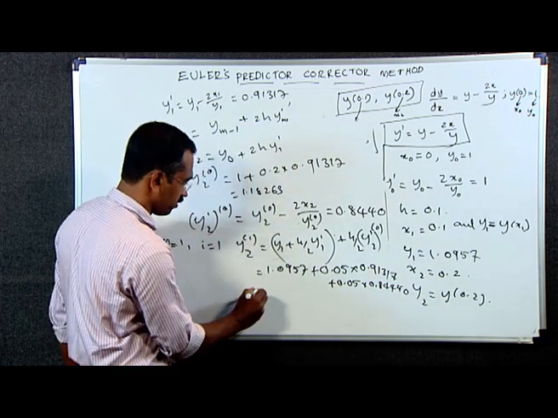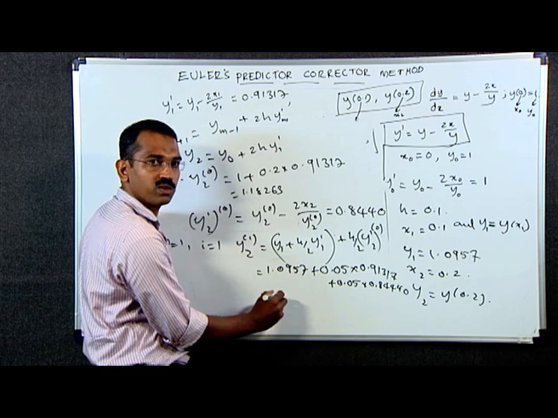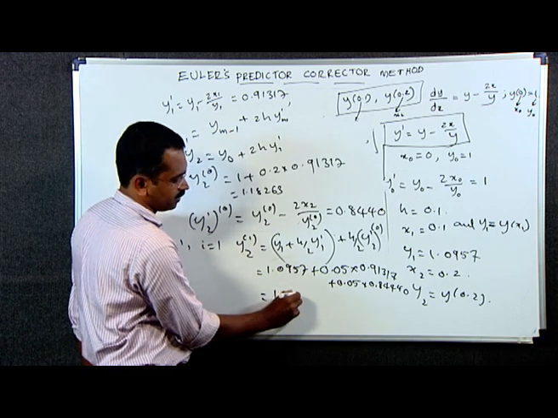On simplification, we will get this as 1.18358.